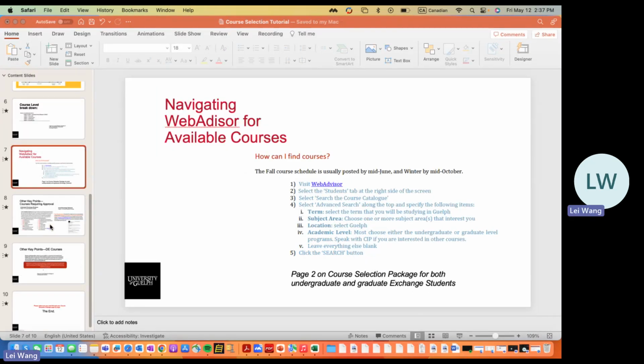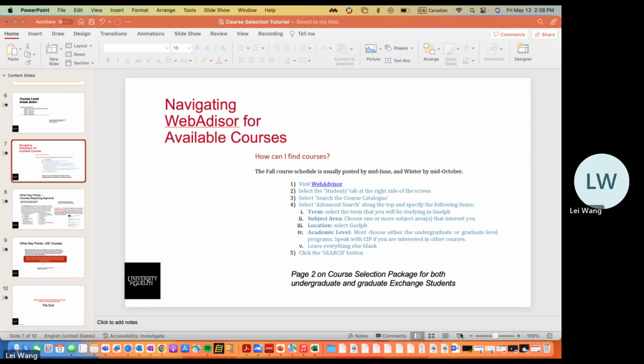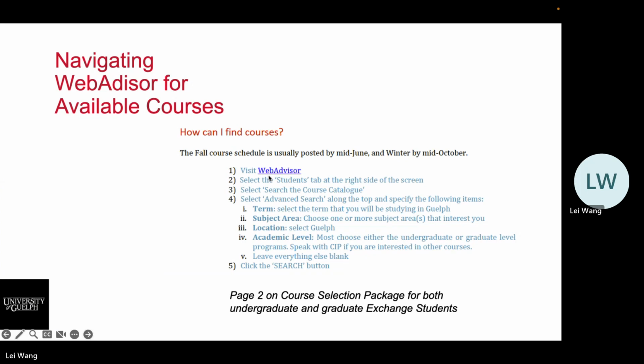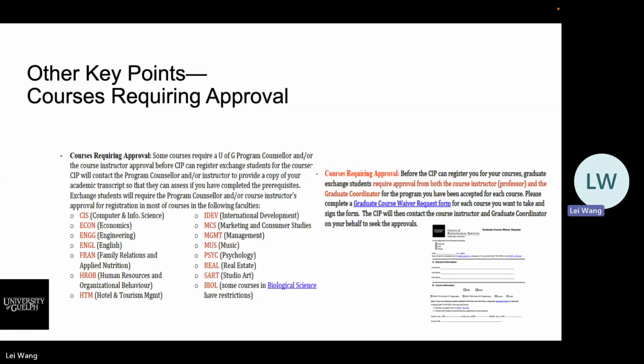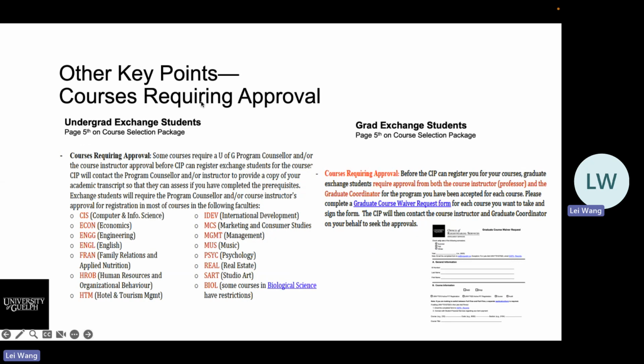So let's continue with the next part, other key points. Please keep it in mind that some courses requires approval from the department. In course selection survey, you will send us courses that you want to take, but for the courses listed here for undergraduate students, for these courses, we will need to send your request to the department for approval.